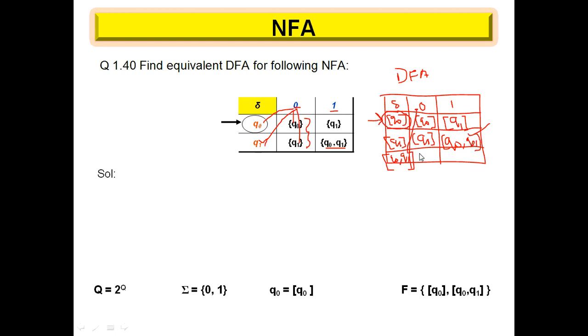After the union of these two states, we get Q0 and Q1 here.